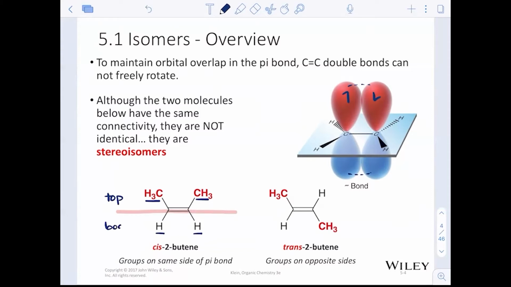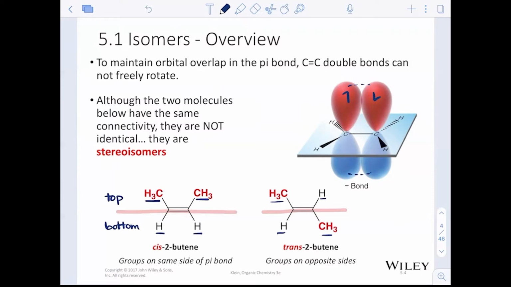We could say left and right, depending on where our carbon-carbon double bond is in the plane with respect to our paper. But notice how those methyl groups are on the same side of the pi bond, and the hydrogens are on the same side of the pi bond. Same thing over on this side. We'll draw that plane of symmetry, and notice how the methyl groups are on opposite sides. The hydrogens are on opposite sides. There's trans for you. So cis and trans, just like before, same versus opposite.